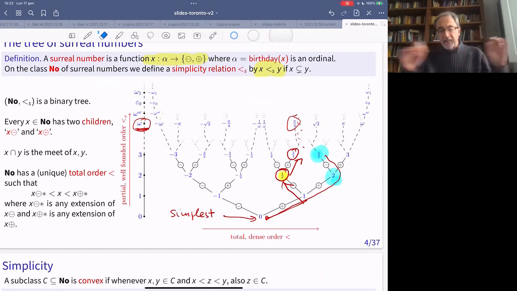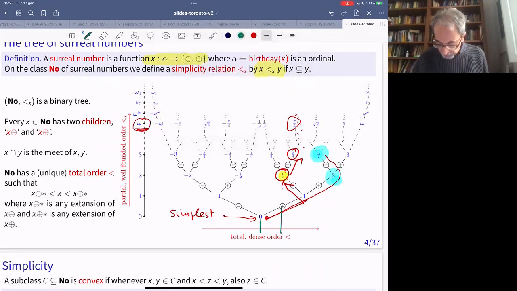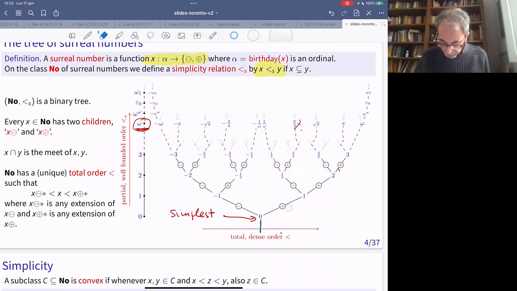You also have a linear ordering. The linear ordering essentially corresponds to projecting everything on a horizontal line. Let me erase this for a moment.